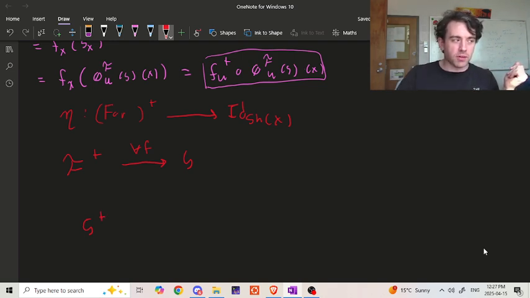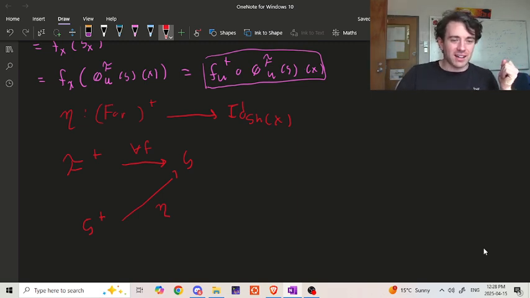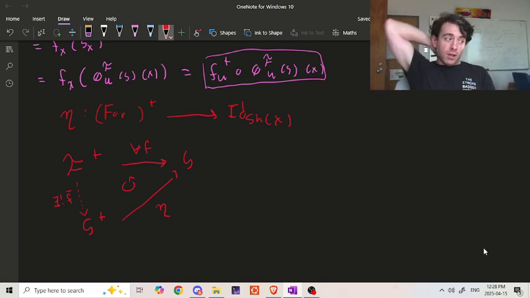It will be a map, so eta goes from the sheafification of G to G, in such a way that there should exist a unique map F bar that makes this diagram commute.